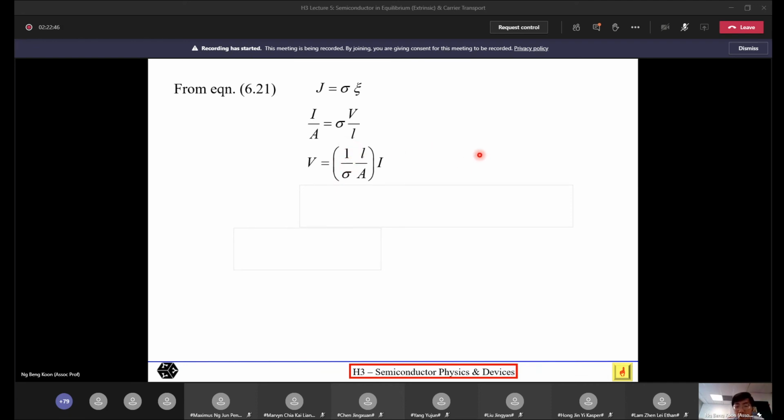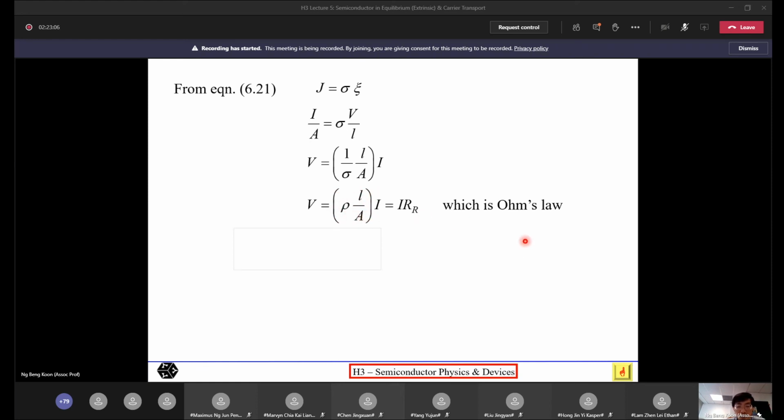So if you replace that with rho, this is really just the resistance of your semiconductor. So it's rho L over A, which is the same as the equation you use for a resistor. So this term here is really your resistance R.